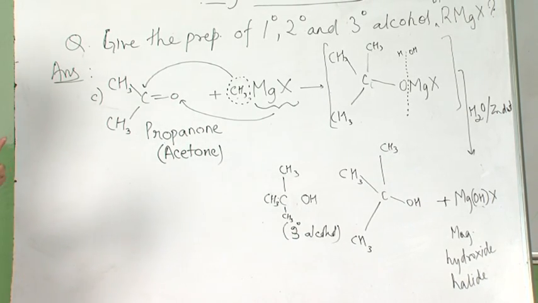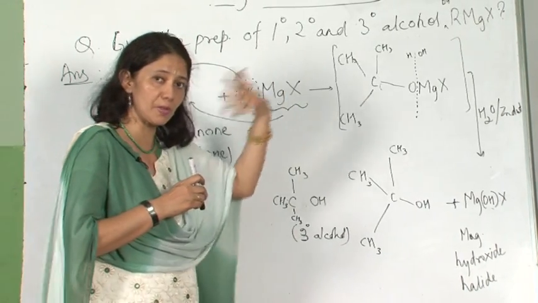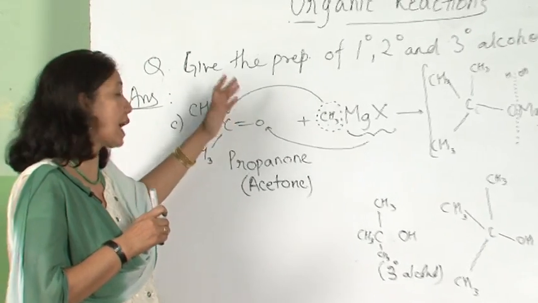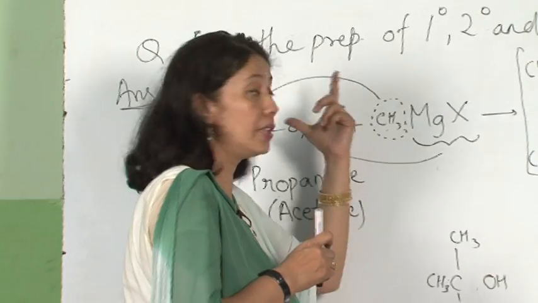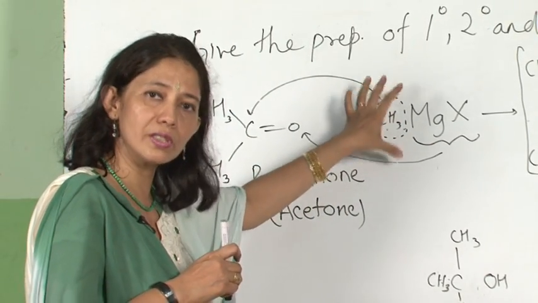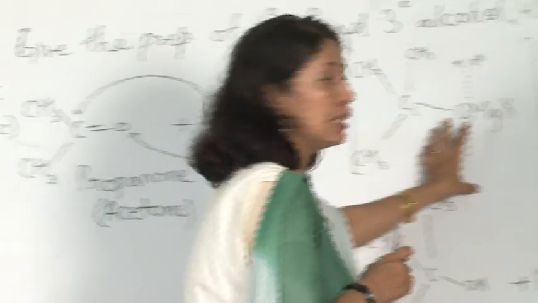Ultimately, the concept remains the same. That means, when a carbonyl compound, whether it is an aldehyde or a ketone, reacts with Grignard's reagent, I can have either an alkyl group, a branched alkyl group, or even a ring here. It is going to give rise to an intermediate.